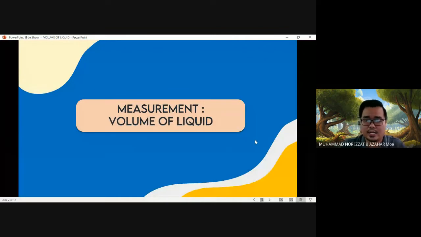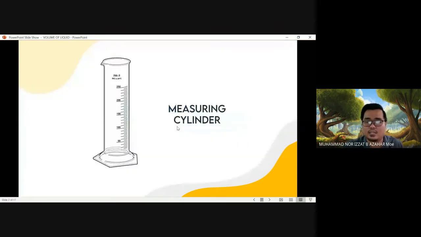Liquid tu cecair. Okay, so I introduce to you first what is the tools, some of the tools that we can use to measure the volume of liquid. The first one is measuring cylinder.